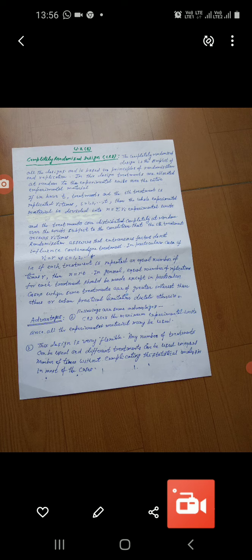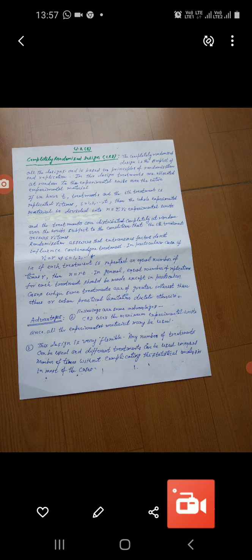Means CRD uses two principles of design of experiments, that is, randomization and replication. In this design, treatments are allocated at random to the experimental units over the entire experimental material.